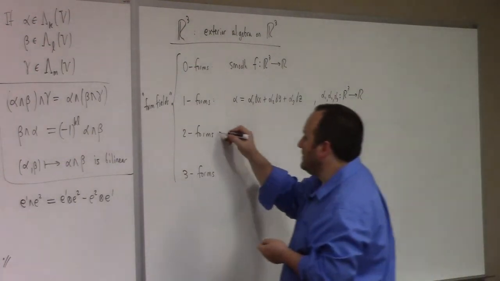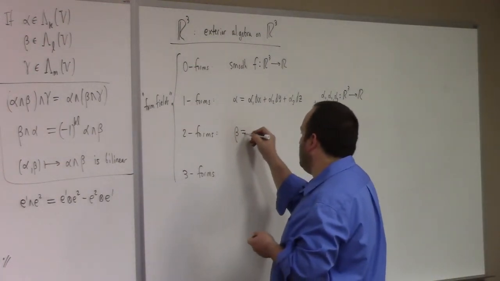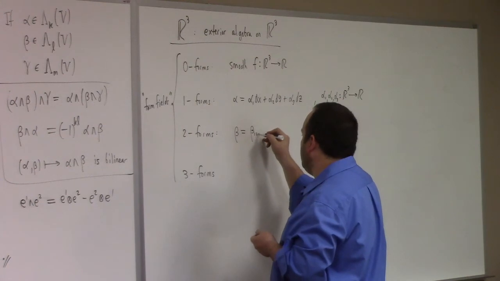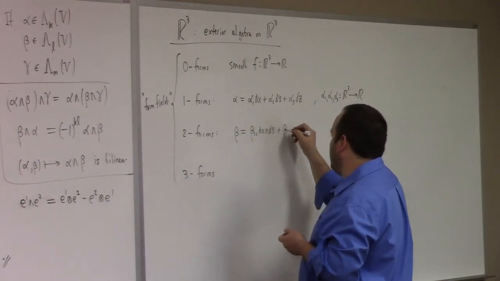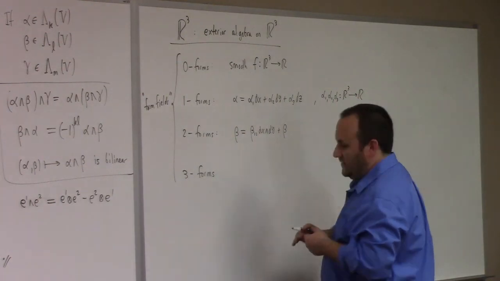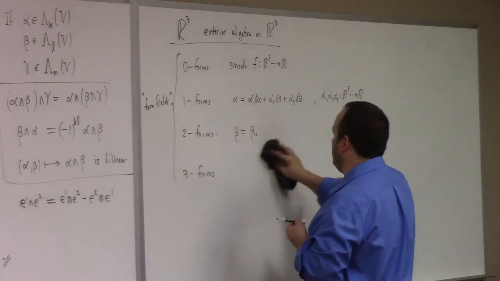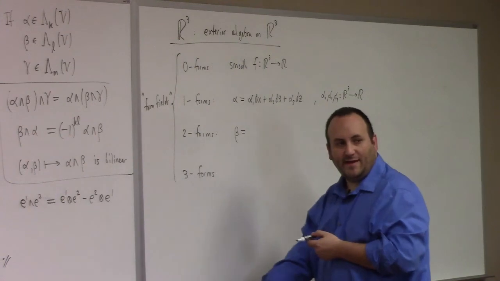Two forms, beta, would look something like beta 1, 2 dx wedge dy plus beta. Let me do this numbering a little bit differently to suit my purposes.